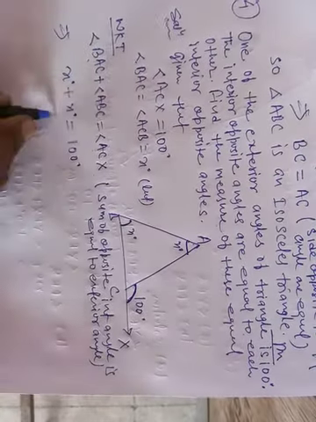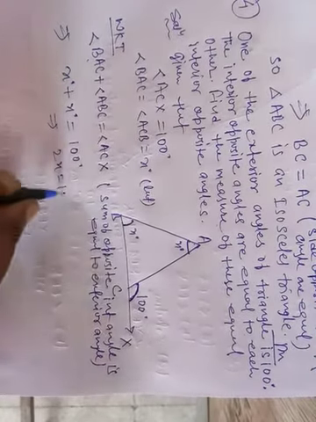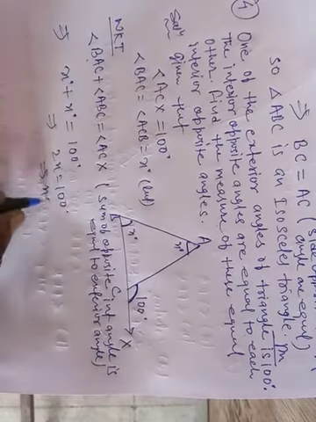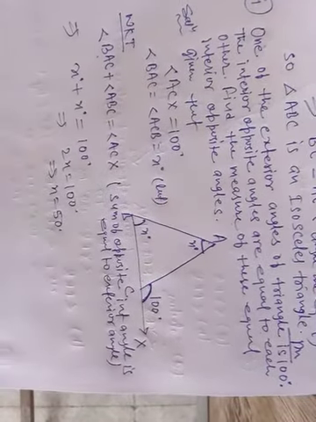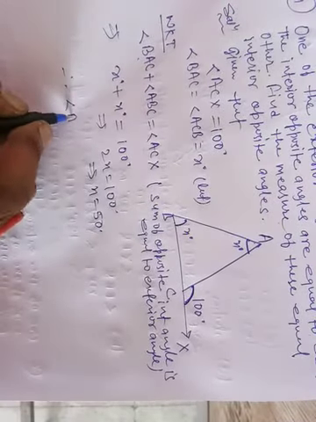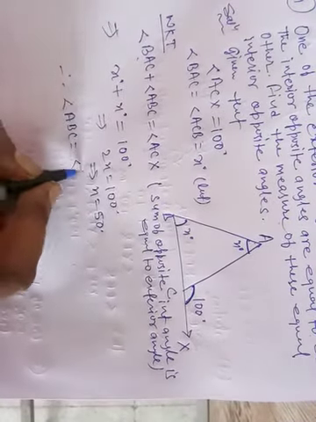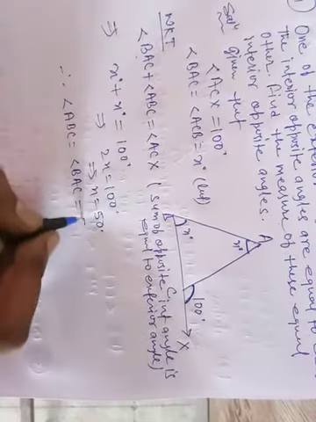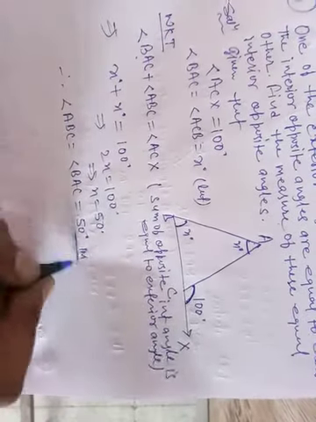It is given. So we get 2x is equal to 100 degrees, and so x is equal to 50 degrees. So angle ABC is equal to angle BAC is equal to 50 degrees. This is the answer.